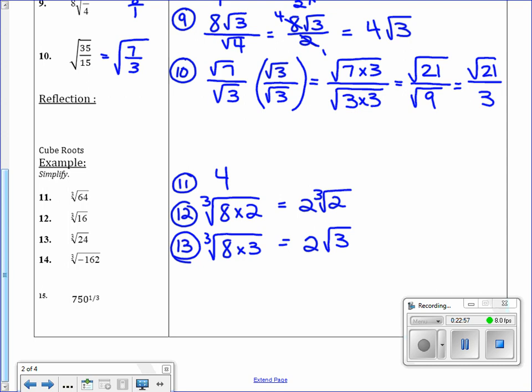For instance, if I had the cube root of negative 64, the answer would just be negative 4, because negative 4 times negative 4 is positive 16, but positive 16 times negative 4 would be negative 64. So here, this can work.